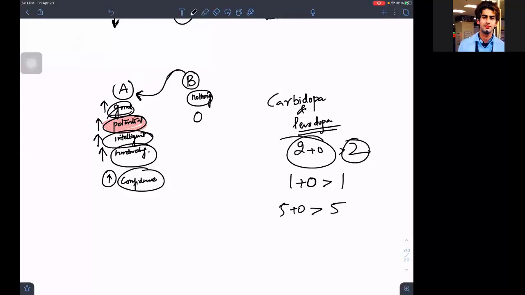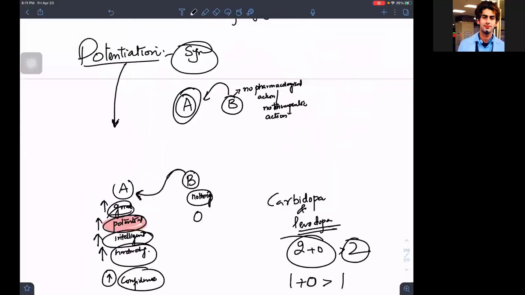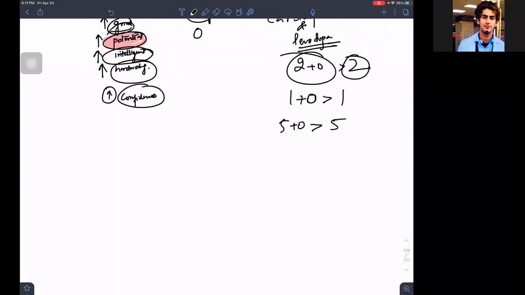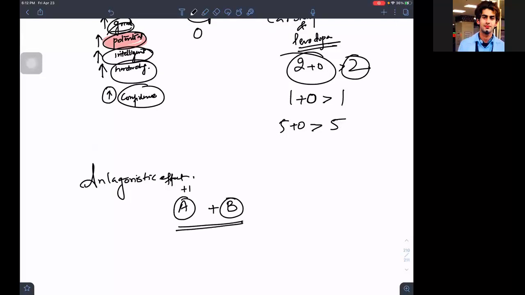Is it clear, guys? Another concept of drug combinations. Why don't we give an example of antagonism or antagonistic effect? You give A drug plus B drug together. This was plus 1, this was plus 1. What you are getting is less than plus 2.